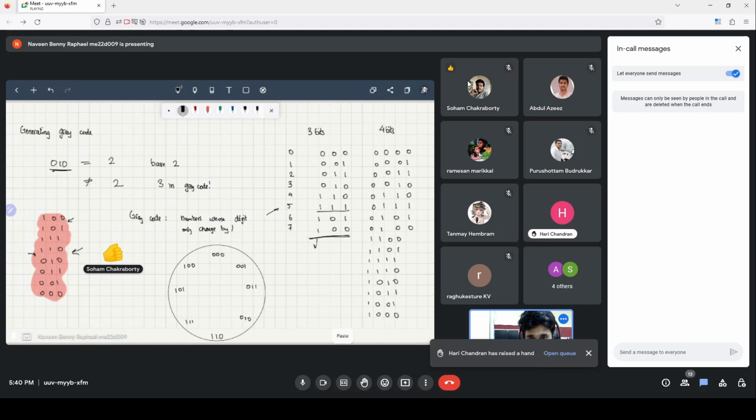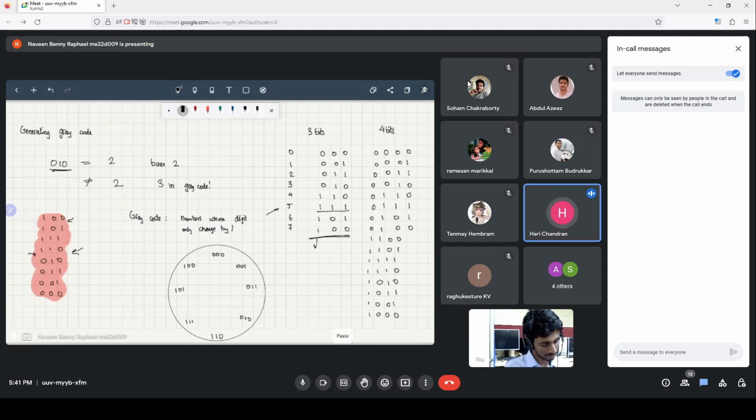Yeah, as I understand, as per this technique, 2 to the power of n minus 1 should be the first, last digit will be a 0. Correct? If a 4-bit means 2 to the power of n minus 1 is 8, up to 8 digits, the starting will be a 0.